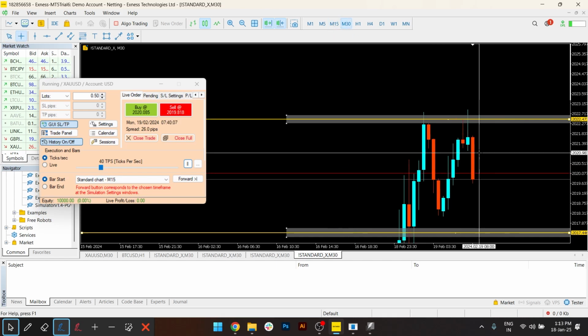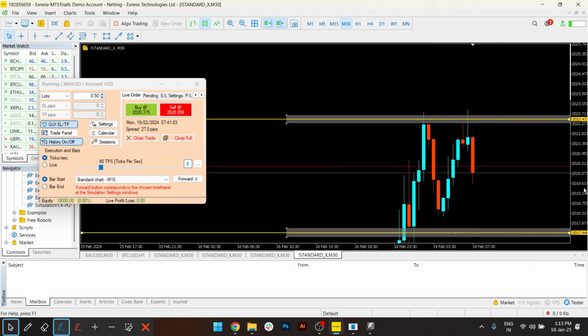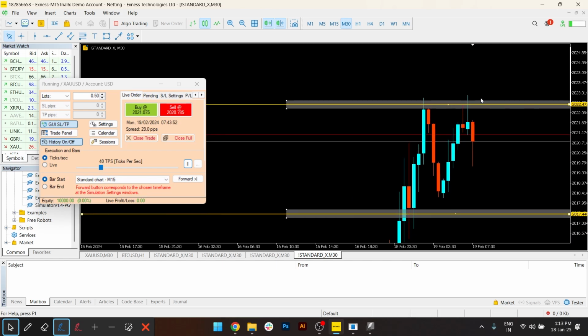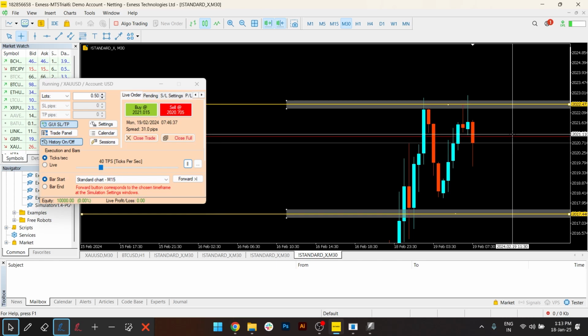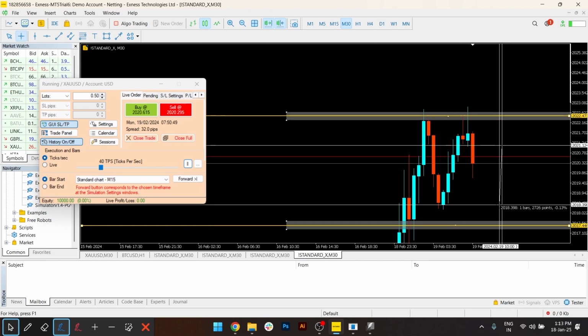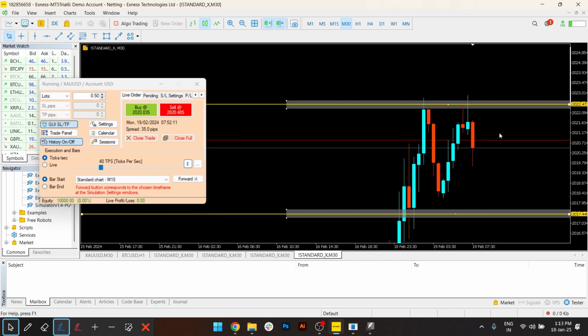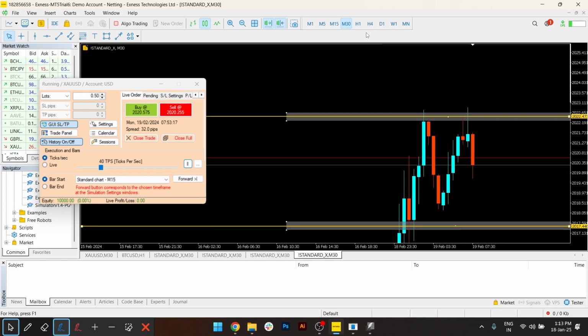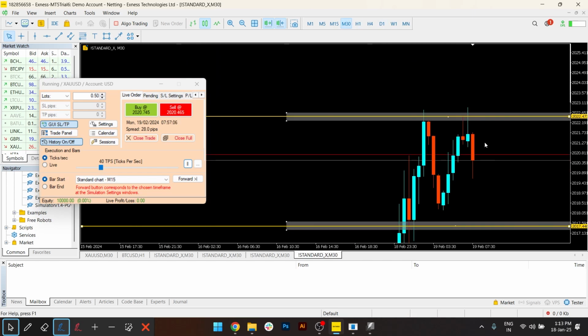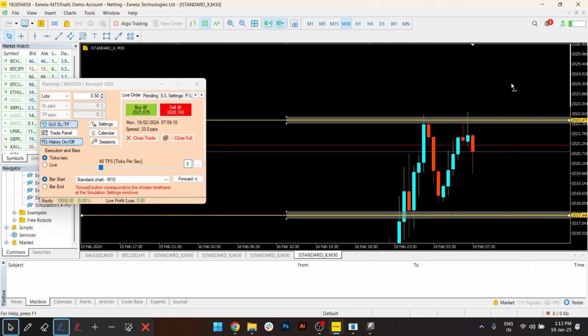Maybe this was a clean range, but my bias is bullish, so I want price to break and close above this area. I'm not taking this sell. When the price broke below this, you had this range, but I'm not interested in sales right now. I want price to break and close above this.